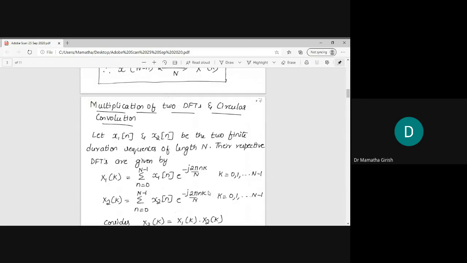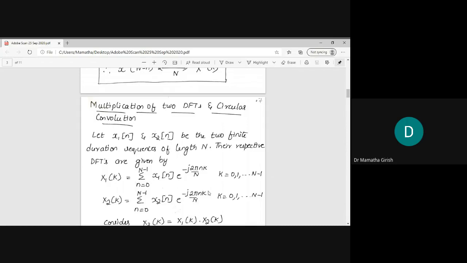The next two derivations are based on circular convolution. Probably in the previous semester in signals and systems, all of you would have been introduced to linear convolution, that is convolving two sequences on a linear scale.